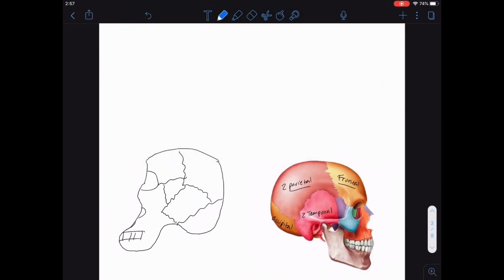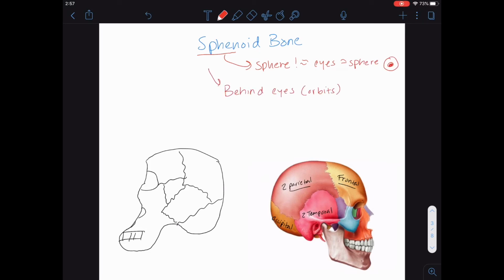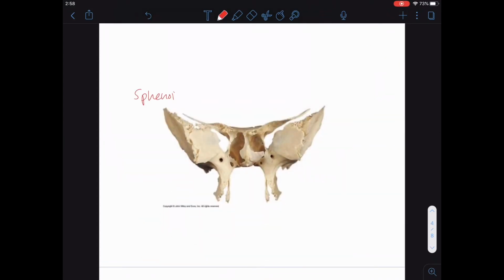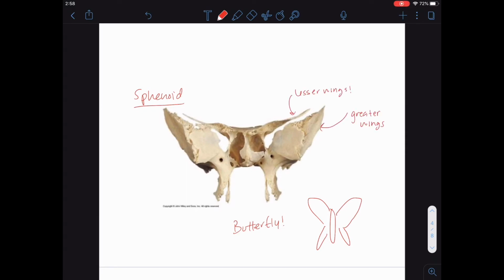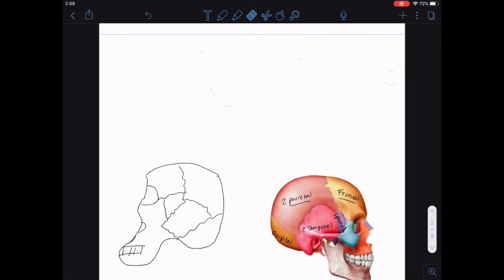Sphenoid partially means sphere and sounds like it, and your eyes are sphere-shaped, so you know the sphenoid bone will be mostly behind the eyes, or the orbits. Also, if you are looking at the sphenoid bone on its own, it looks like a butterfly with its structures called the greater and lesser wings, just like a butterfly has wings.